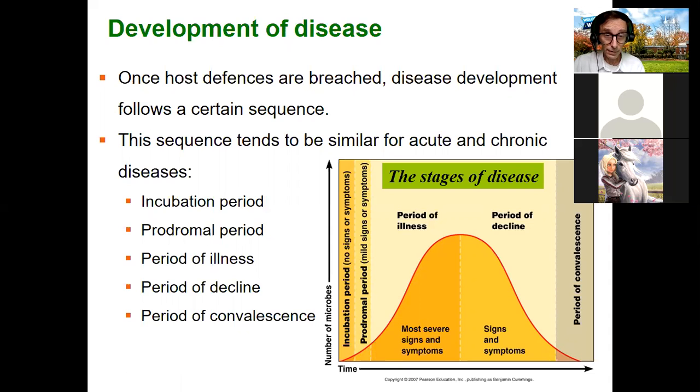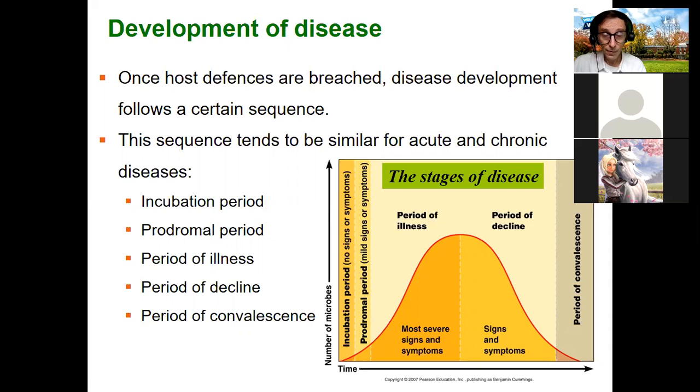The prodromal period is followed by the period of illness, and this is when the patient has the most infective organisms, as well as the most severe signs and symptoms. Your sore throat is no longer mild, and you don't need to think about it. You know, oh geez, I've definitely got a sore throat.